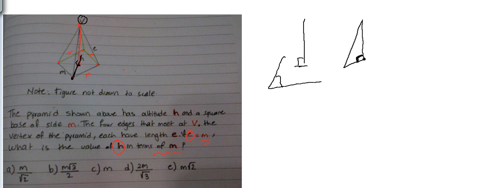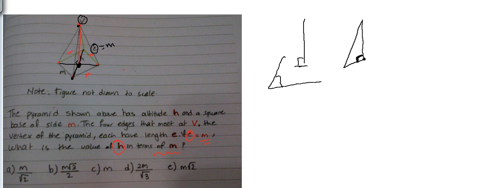The diagonals intersect at the foot of the height, because the length of the edge is E, which is equal to M, so it's a regular pyramid. In a regular pyramid, the height goes from the vertex to the meeting point of the diagonals of the base.